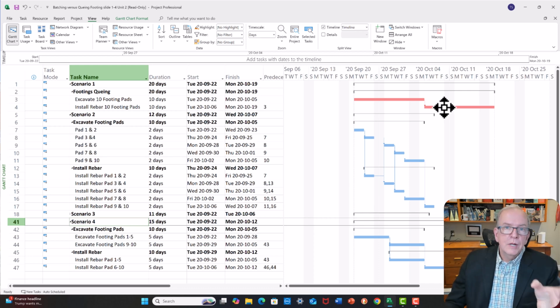Well, then the next question I usually ask is, if you do it this way and you do something wrong, like maybe it wasn't excavated big enough, or maybe it wasn't excavated deep enough, when are you going to find out? You're going to find out after all 10 are done. Basically when that forming crew comes up and they're going to say, it's not big enough or it's not deep enough. And now what do you have to do? You have to fix 10 of them.